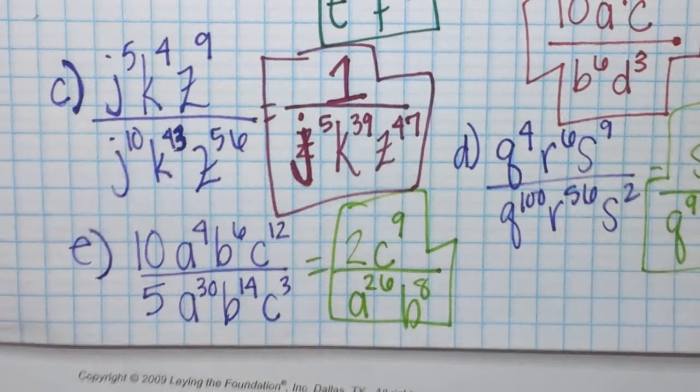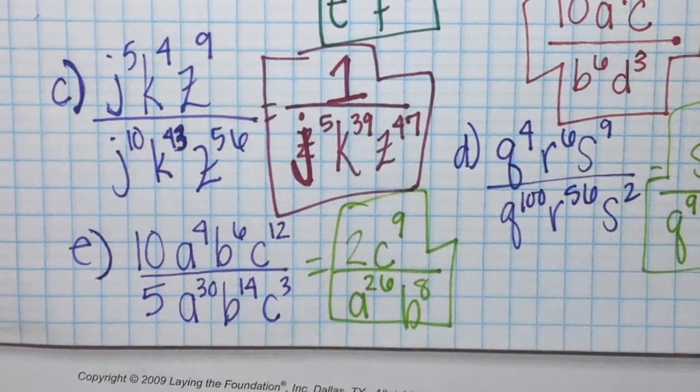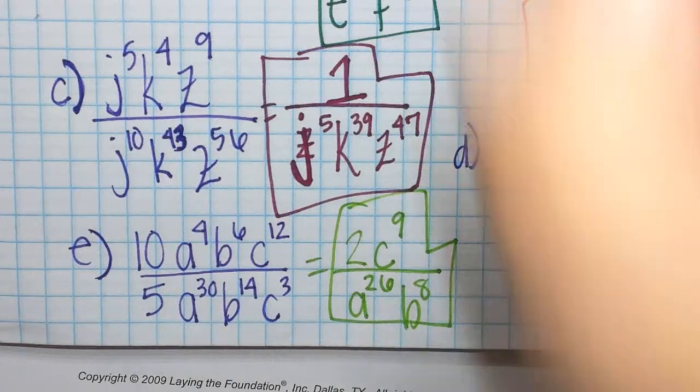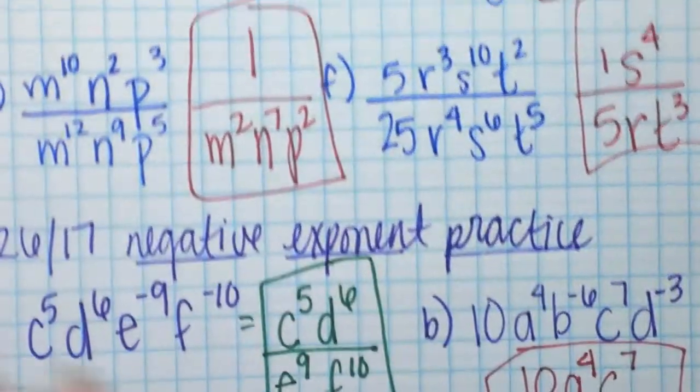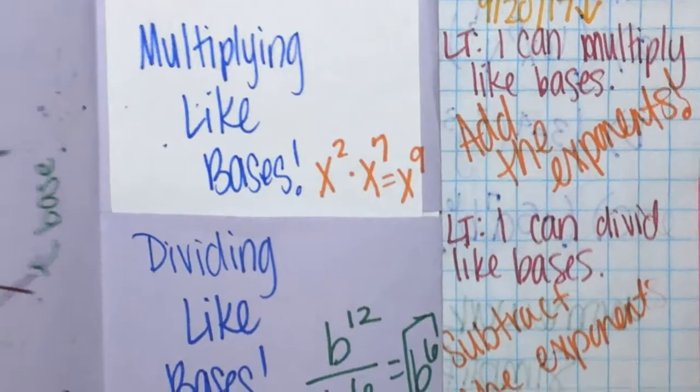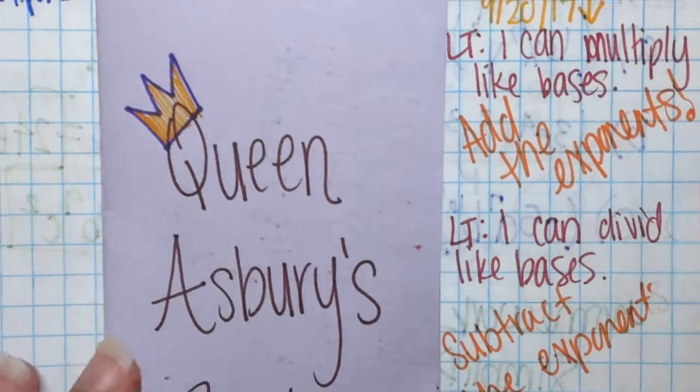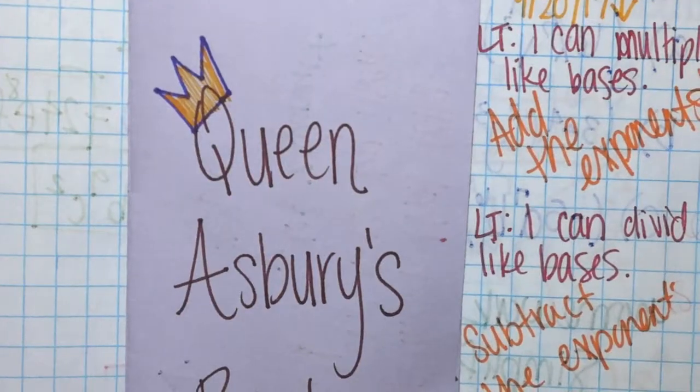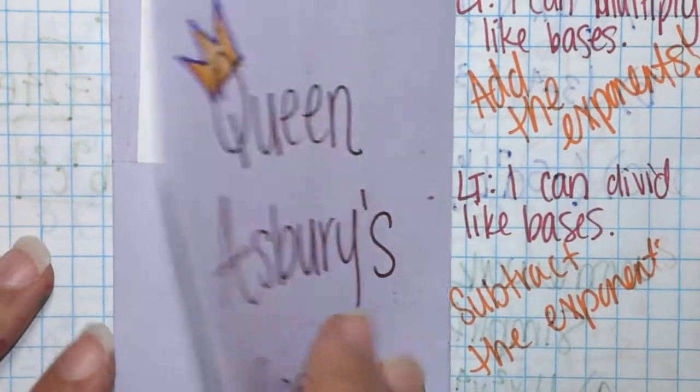Okay, so before we leave, let's take a baby amount of notes and talk about 0 as an exponent. So go to your foldable. Now, we are done with the whole inside of it. So everybody watch. You're going to take your paper and you're going to turn it.